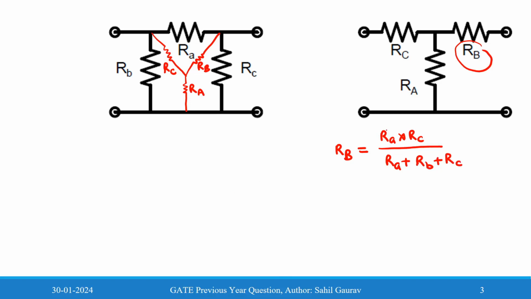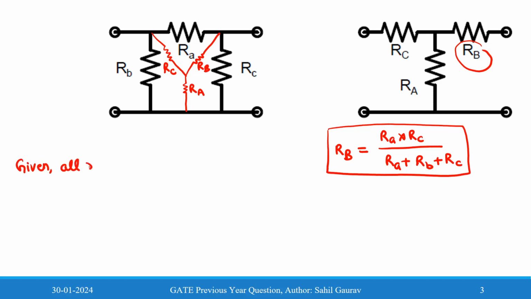This is the value before we multiply with the k factor. Now it is given that all resistances in the delta connection are scaled by k.